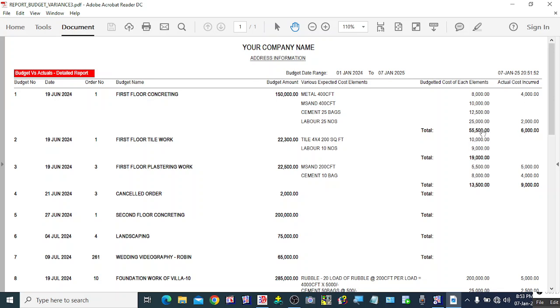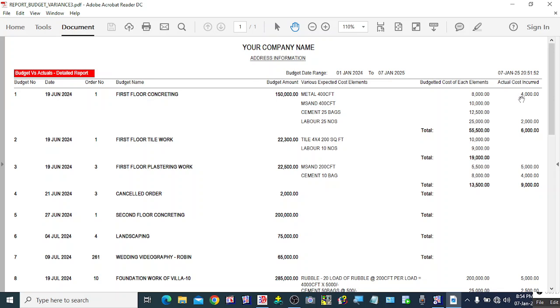And on the bottom side, we can see in this budget, the total cost element we have budgeted is worth 55,500. Out of that budgeted cost, at the moment we have only utilized, or the actual cost incurred is 6,000. What are the costs we have incurred? We can see on each cost element. Metal 400 CFT, the budgeted cost is 8,000.